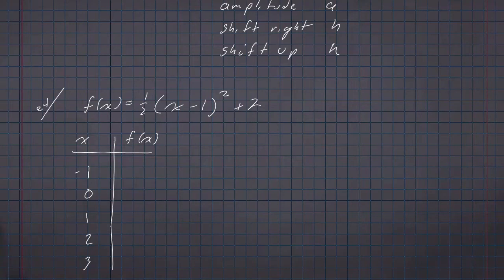So 4 times 1/2 is 2, plus 2 is 4. 1 times 1/2 is 1/2, plus 2 is 2.5. 0 times 1/2 is 0, plus 2 is 2. And then 1 times 1/2 plus 2 is still 2.5. 4 times 1/2 plus 2 is still 4.